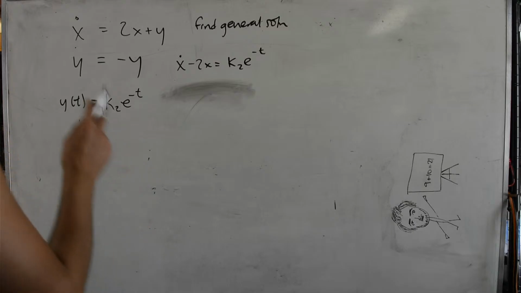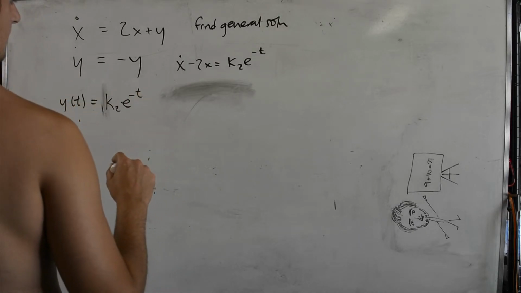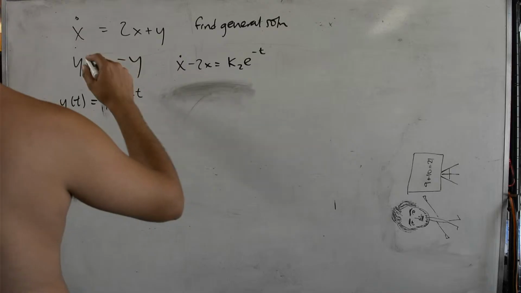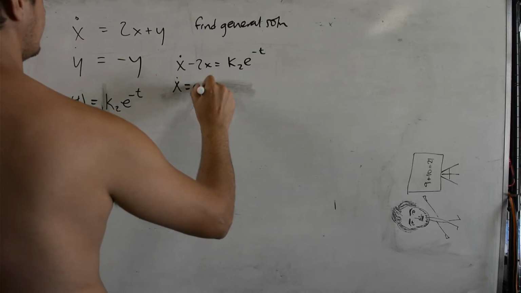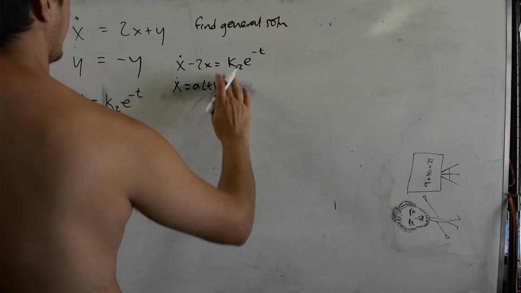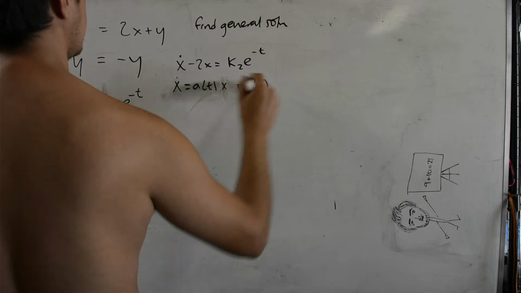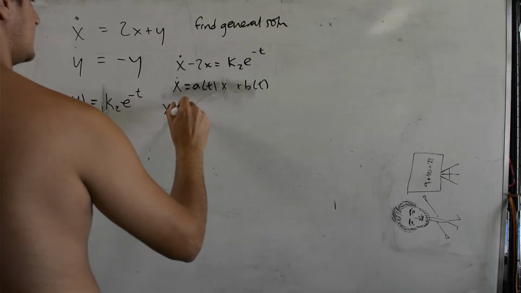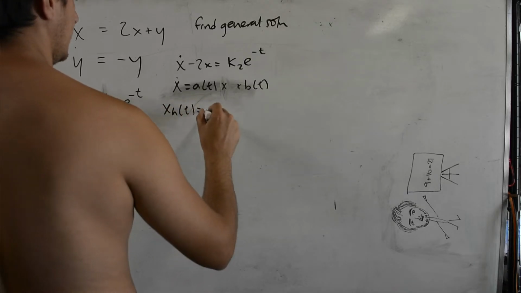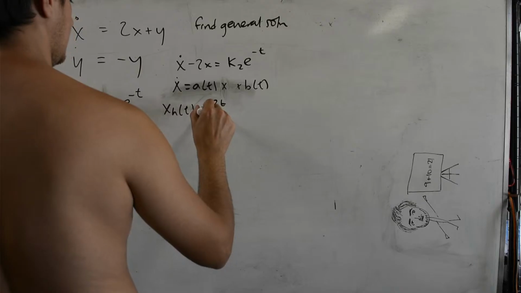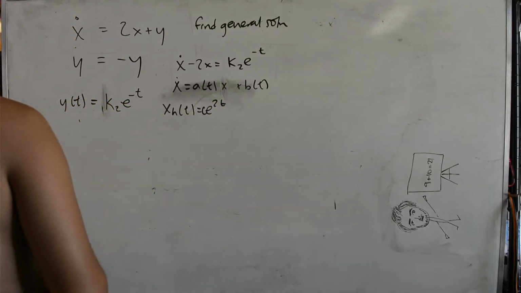So the first thing is, x dot is equal to a of t x plus b of t. So we solve x h of t is equal to c e to the 2t. But now we need to guess.